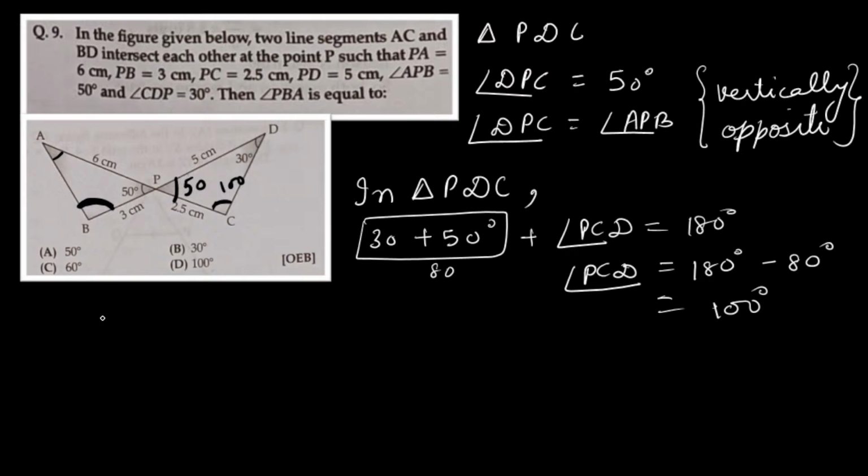We can find the ratio, because similarity we have to prove. Similarity we can prove with the help of sides, and after proving similarity, we'll get to know angle B.